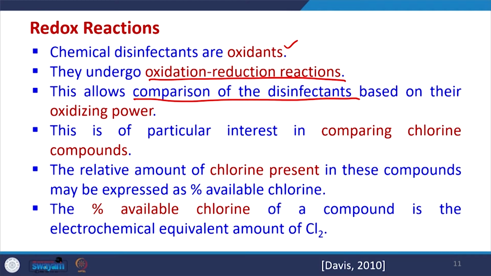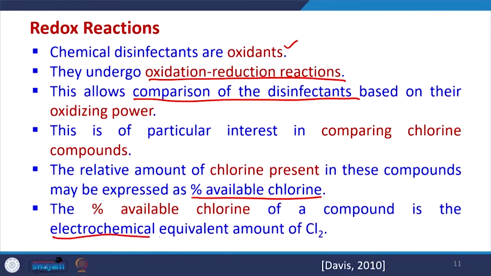Now, the relative amount of chlorine present in these compounds may be expressed as percent available chlorine. So, for any of the chlorine compounds we can find out the relative amount of chlorine element and then we can calculate. The percent available chlorine of a compound is the electrochemical equivalent of the Cl2. So, this is important.